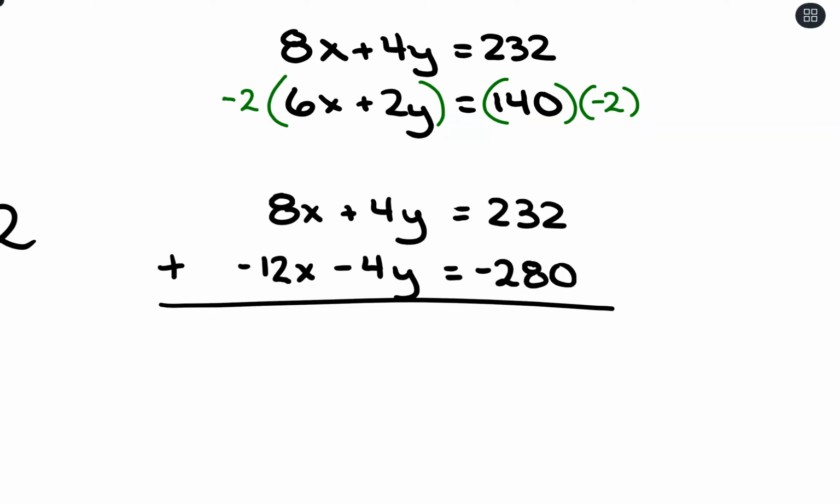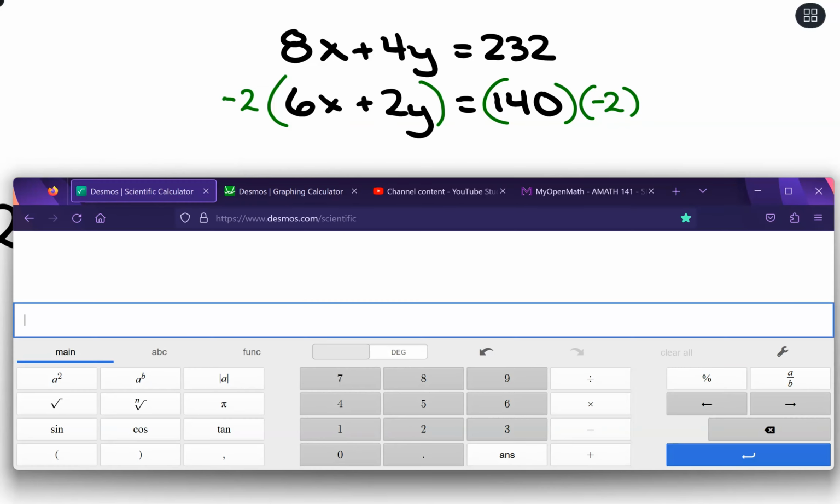Okay, so adding those together, 8 minus 12 is a -4x. 4y minus 4y turns into 0. Perfect. Bring down the equal sign. 232 minus 280 is going to be negative 48.